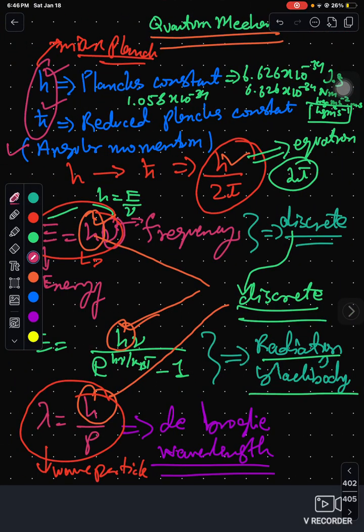So here, the main thing to summarize is that we talked about Planck's constant, how it's important for quantum mechanics, that it governs the laws of quantum mechanics.